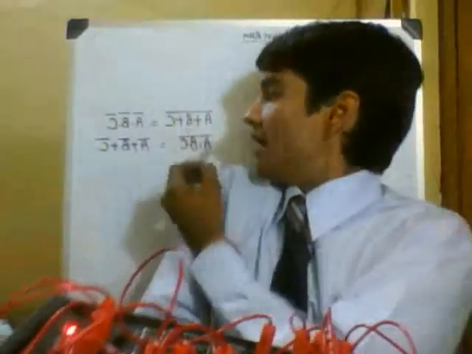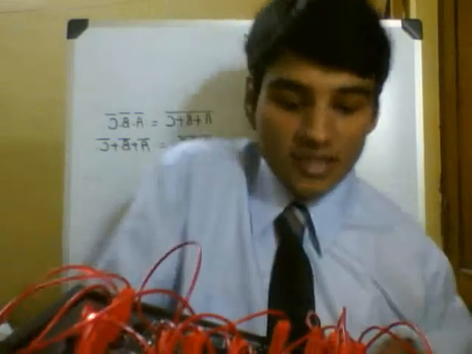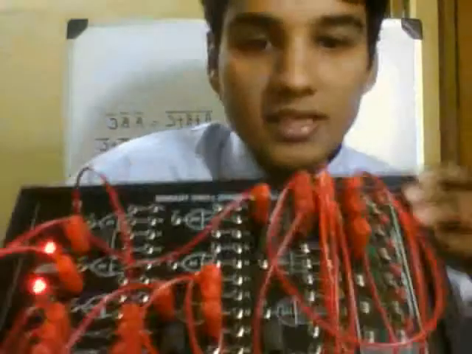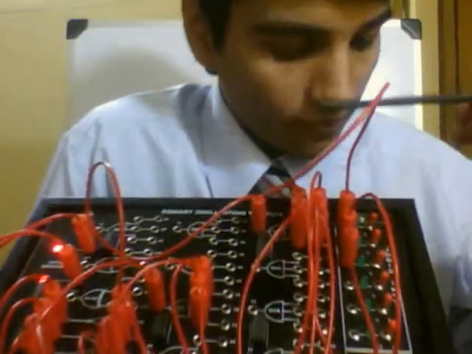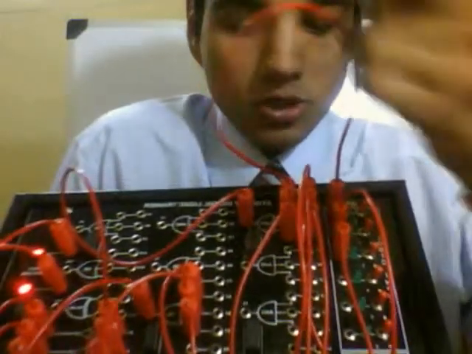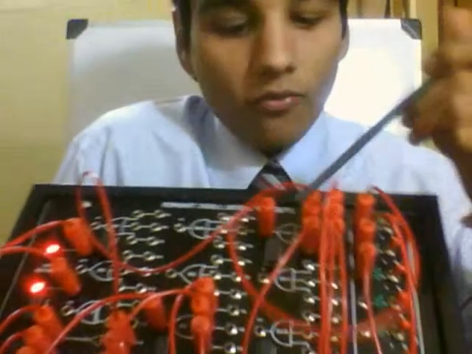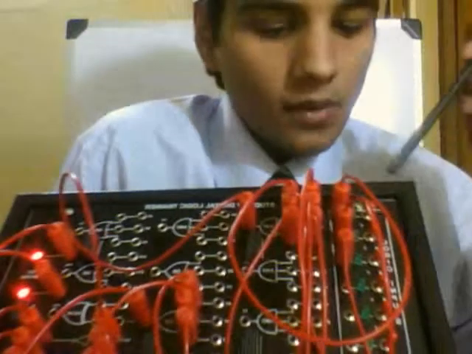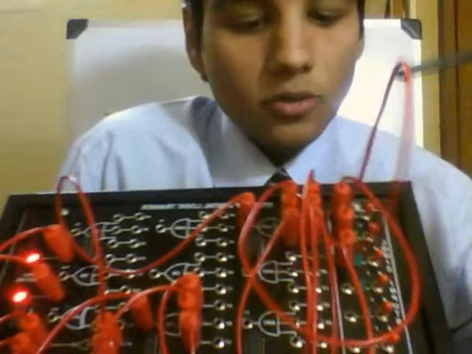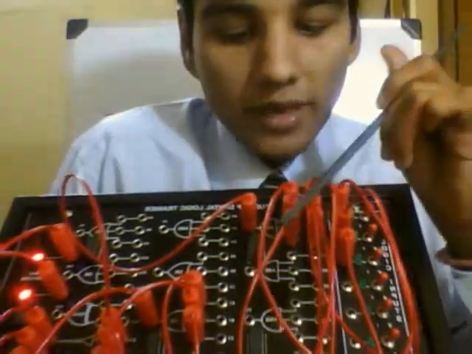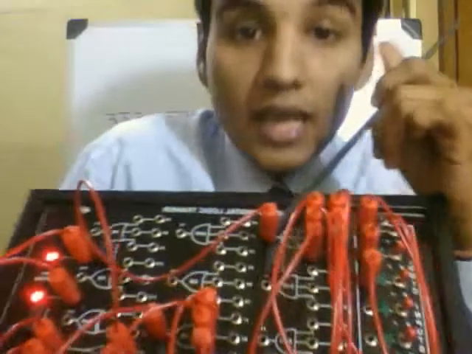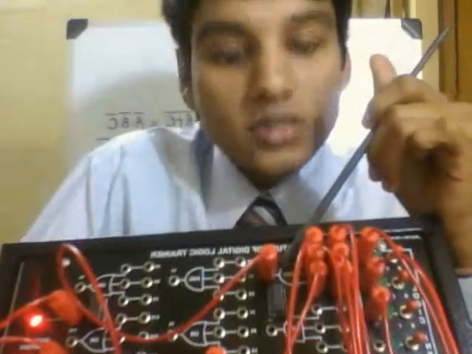We will connect a patch cord from the first input to the input of the AND gate, the second input to the input of the AND gate, and the third input to the input of the AND gate. We will get A dot B dot C.